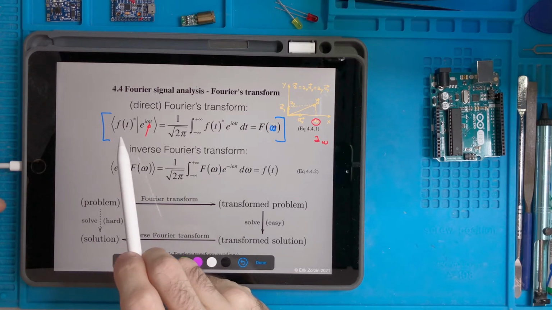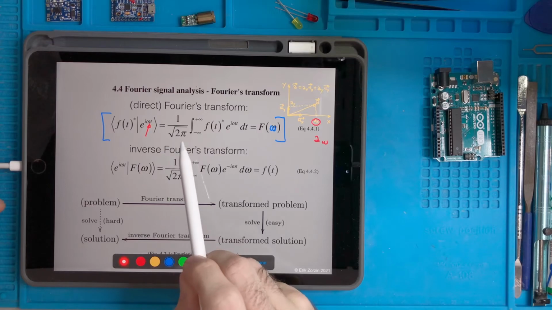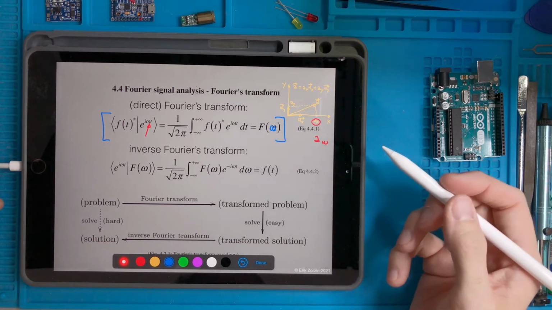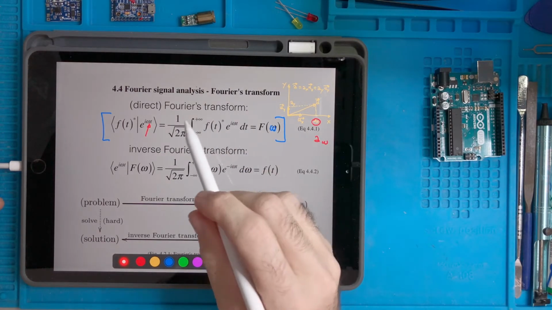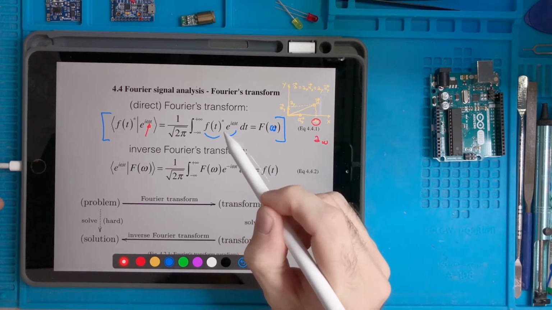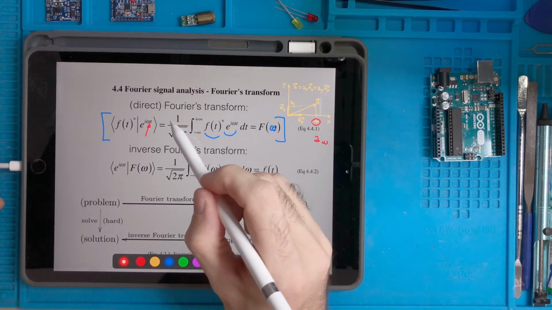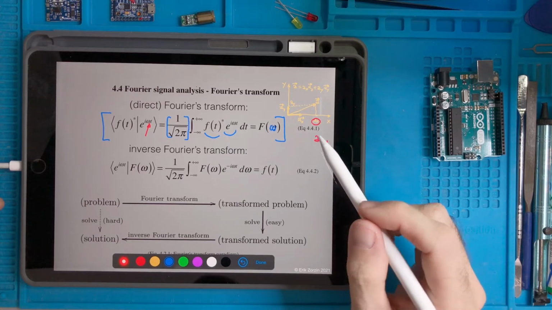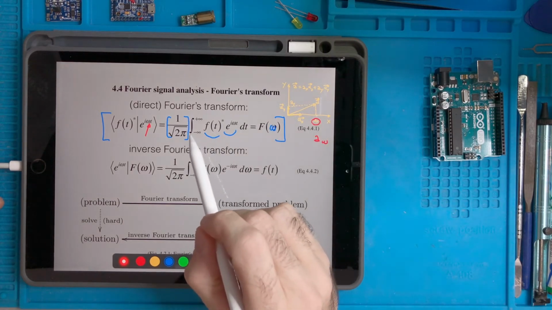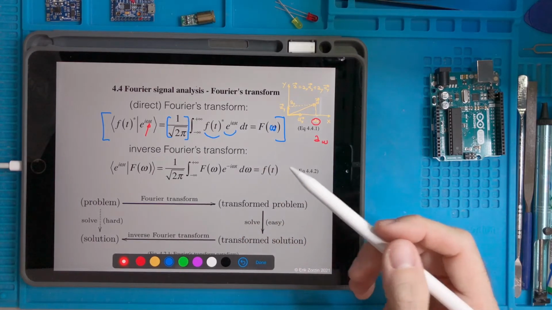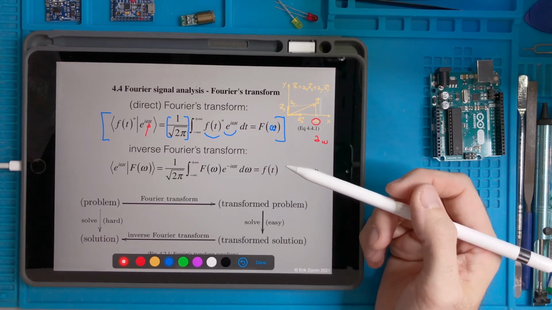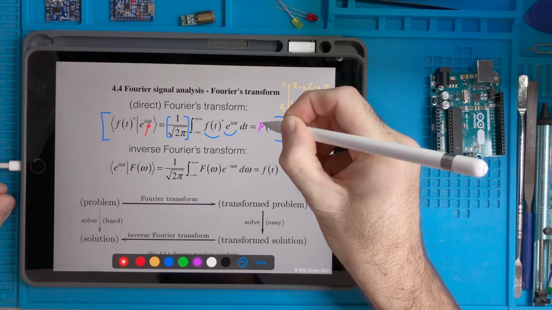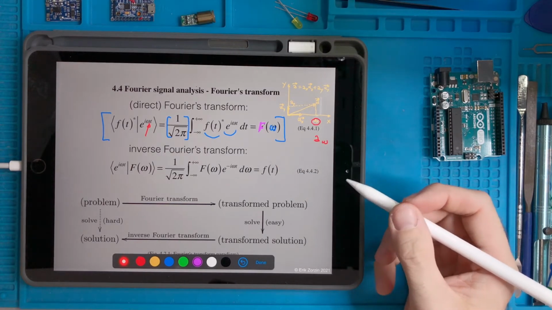We can compute this projection because it's the integral that we have seen so far. We just replace the functions here, and there is also a normalization coefficient. Out of every integral we compute, we obtain a single number, and we call it capital F, which depends on omega.